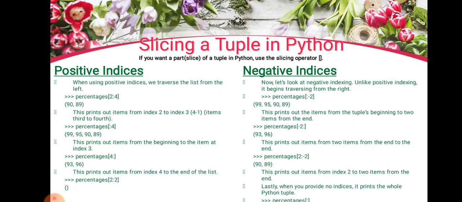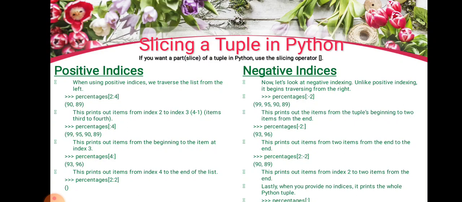So 93 and 96 are printed here. This prints the items from index 4 to the end of the tuple. If you give the same values, percentages of 2 colon 2, what do you get? Yes, an empty tuple, because none of the elements are there inside that range.